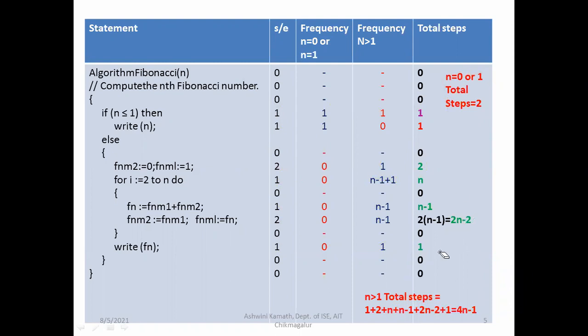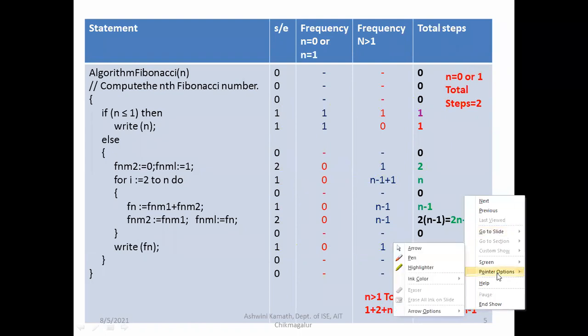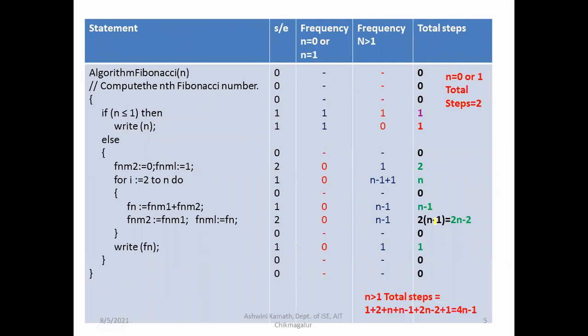When n is greater than 1, total steps is equal to, we have to consider this one also: 1 plus 2 plus n minus 1 plus n minus 1 plus 2n minus 2 plus 1, which is equal to 4n minus 1.